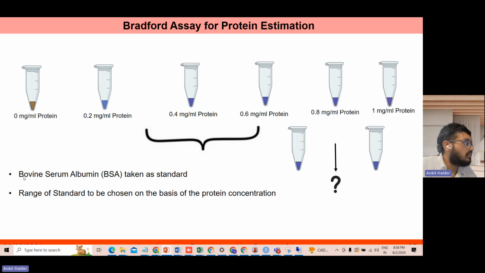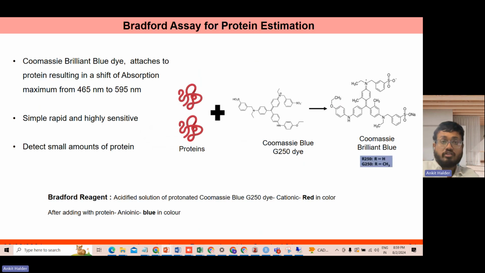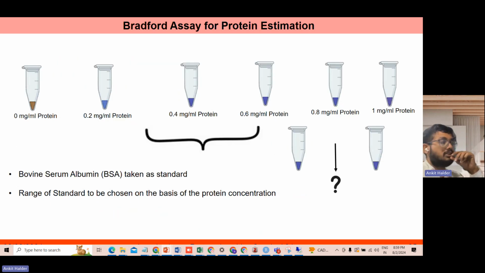This is what the Bradford looks like when we don't have any protein, the blank, which has its absorption maxima at 465 nanometer and not at 595 nanometer.